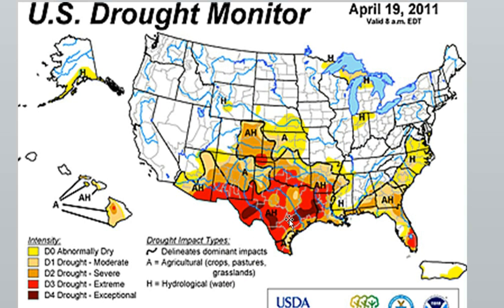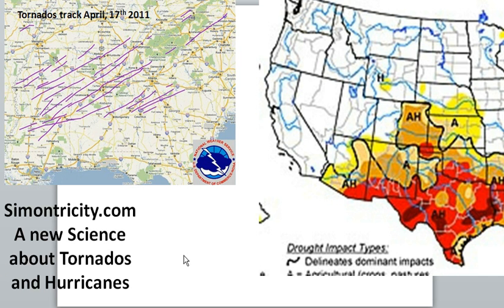Next, we're on April 19, 2011. Drought map. Now I'm going to show you something more current. The one we saw before was green, but it was about 3 or 4 years different. But this is the same year.